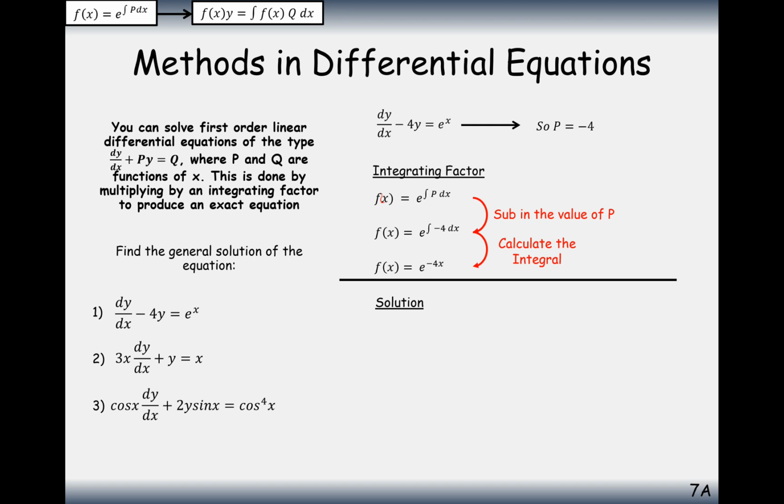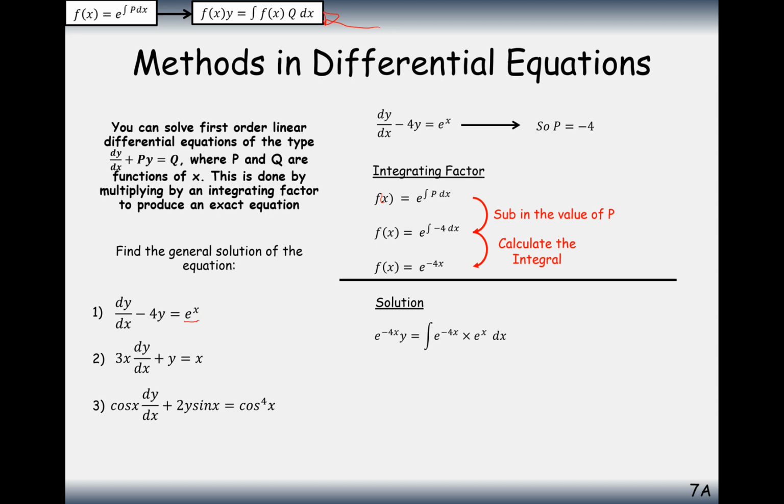So the next thing to do is work out the solution. What we then do with that e to the -4x is multiply it on the left hand side where the y is. What we're effectively doing is setting up this right hand thing at the top of your page. So it's going to be e to the -4x y, that's f of x times y, will equal the integral of e to the -4x, that's your f of x again, times e to the x, because that's q on the right hand side.